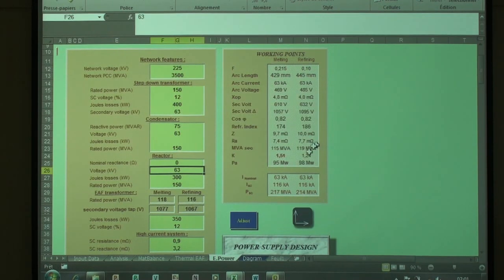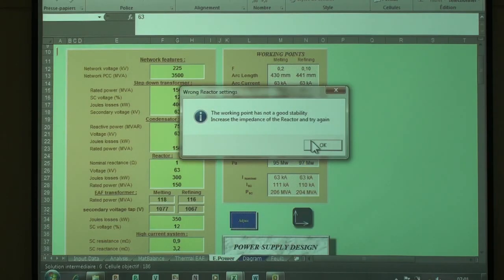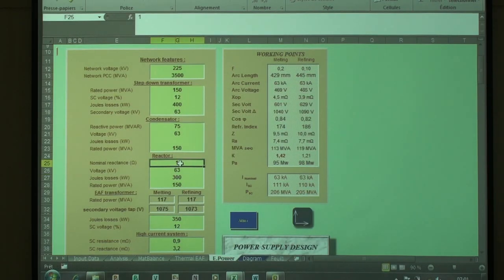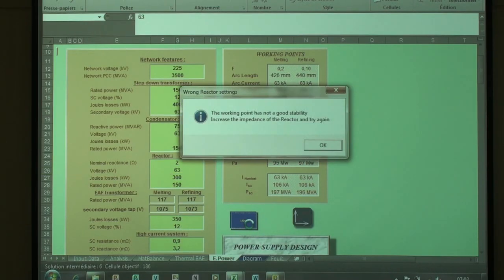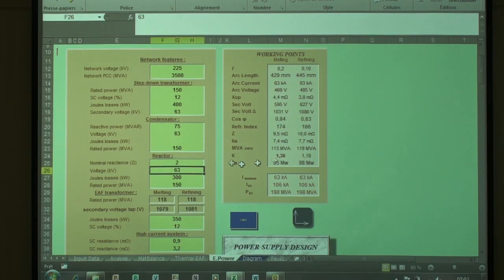Because you get here 150 and 1. Okay? The K is under the 1.3. Again, not enough. Still not enough. Done.